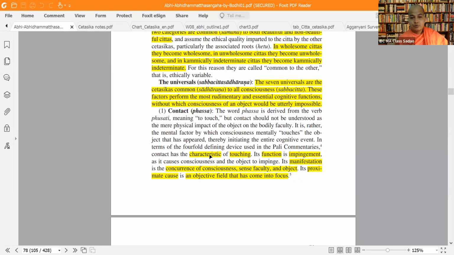In terms of the fourfold defining device used in the Pali commentaries, contact has the characteristic of touching. Its function is impingement, as it causes consciousness and the object to impinge. Its manifestation is the occurrence of consciousness, sense faculty, and object. Its proximate cause is an objective field that has come into focus.